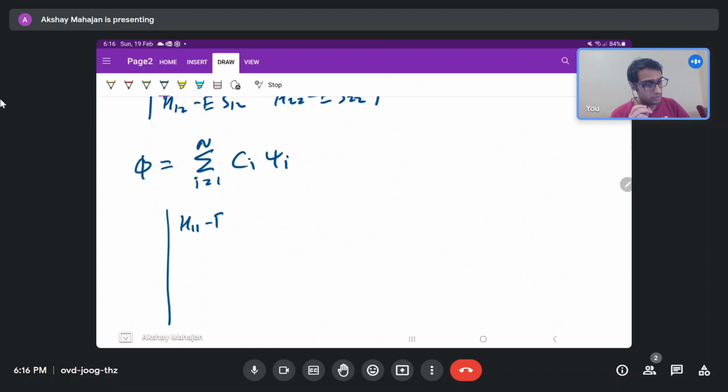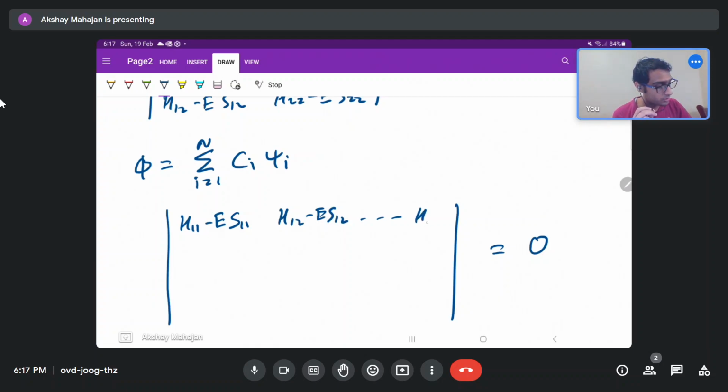Okay, and this kind of determinant also you will have to make 0. H12 minus E S12 and so on. You will have H1n minus E times S1n.